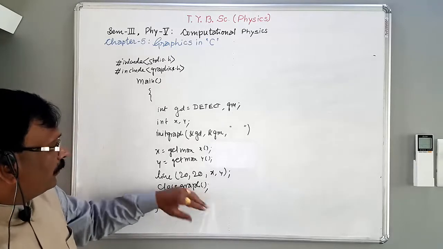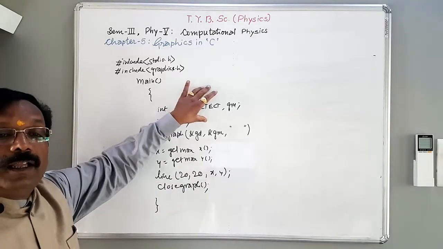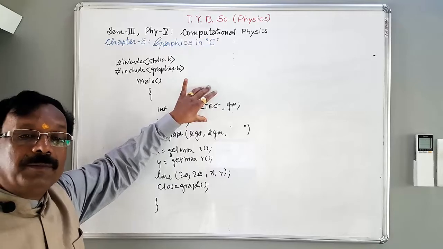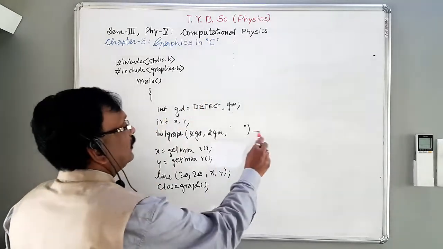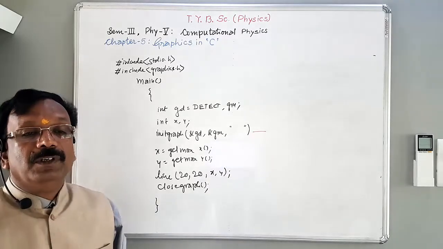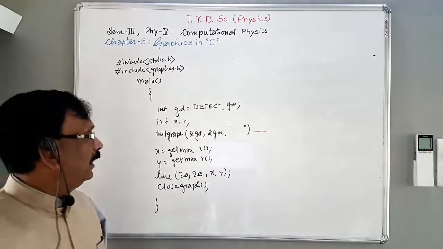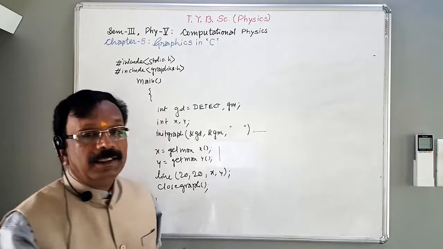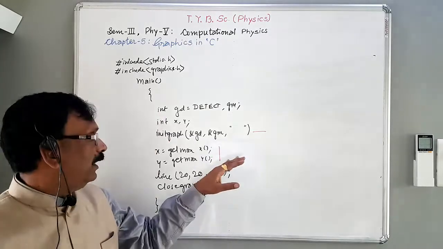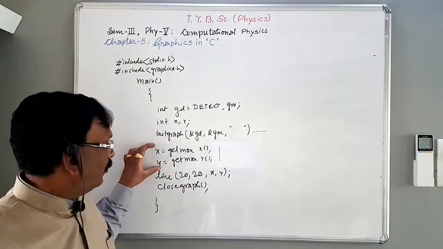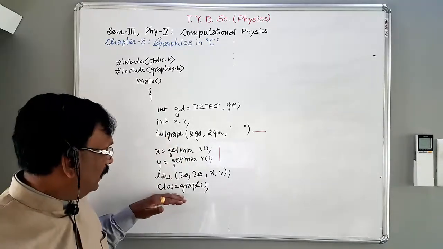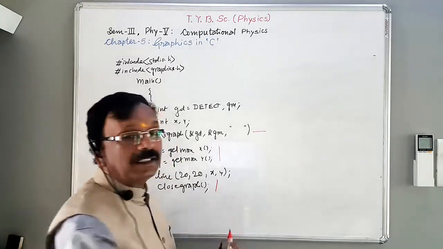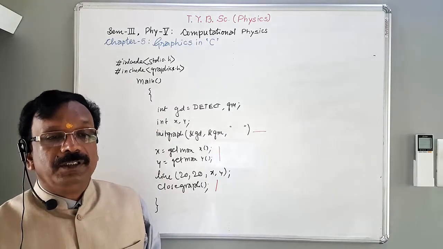This is for auto detection of graphic driver and graphic mode. This is for initialization of graphic driver and graphic mode, or simply initializing graphics. And this is for getting the maximum screen coordinate. With the help of these two, we get the maximum screen coordinate, and this is for exit from the graph. Okay.